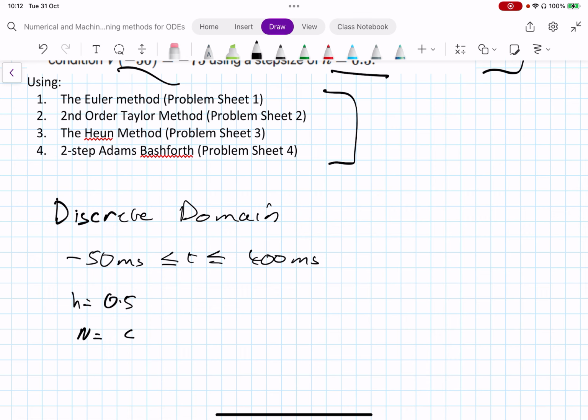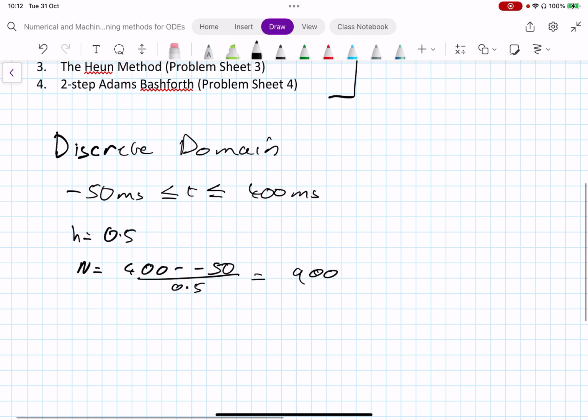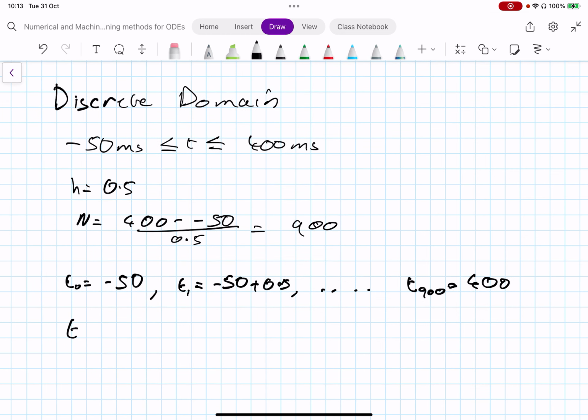So what's our n? N is equal to 400 minus minus 50 divided by 0.5, which gives us n goes up to 900. And so that gives us t0 is equal to minus 50, t1 is equal to minus 50 plus 0.5, and all the way up to t900 is equal to 400.